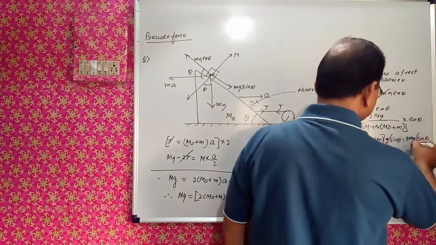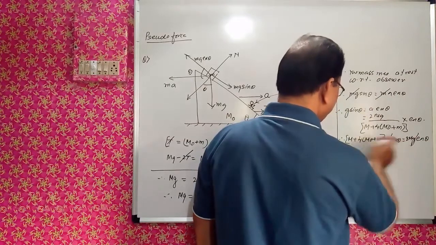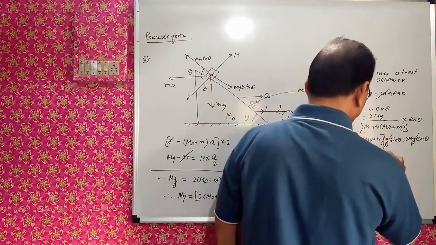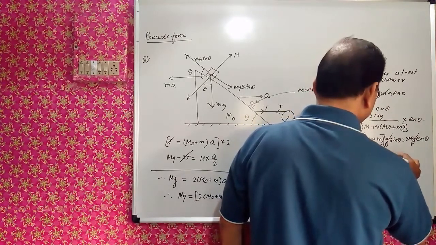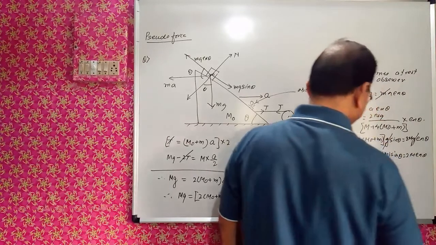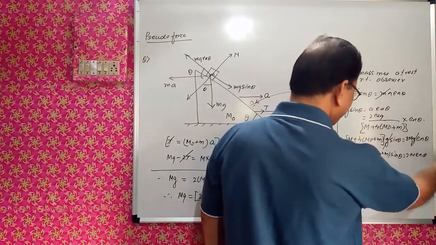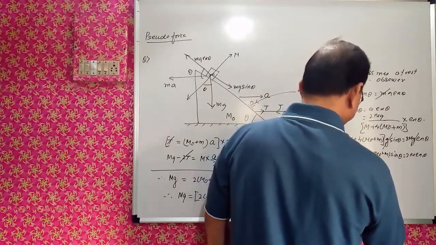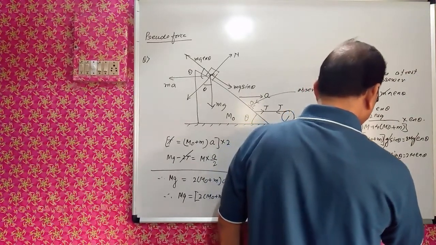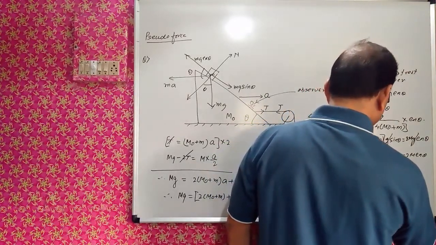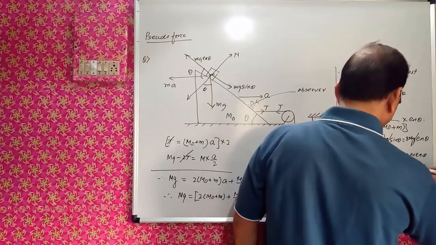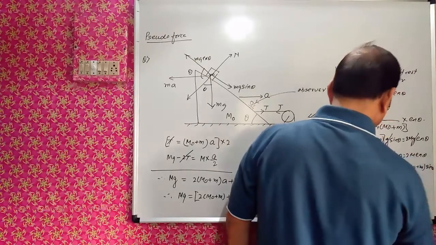g and g will go. Therefore, multiply by sin theta: M sin theta plus (4m0 + m) sin theta, that is equal to 2m cos theta. Take M sin theta on the right hand side. Therefore, 2m cos theta minus M sin theta, that is equal to (4m0 + m) sin theta.